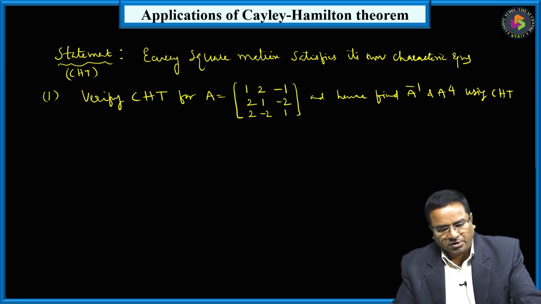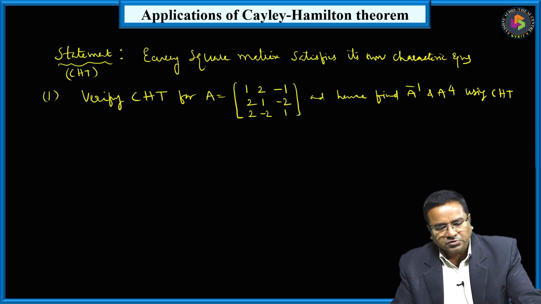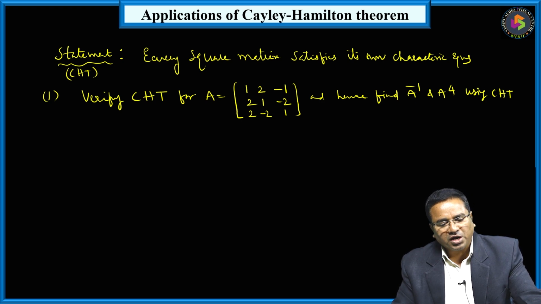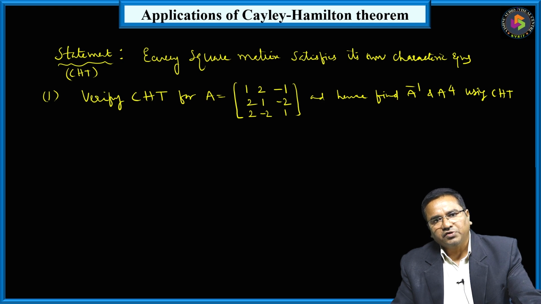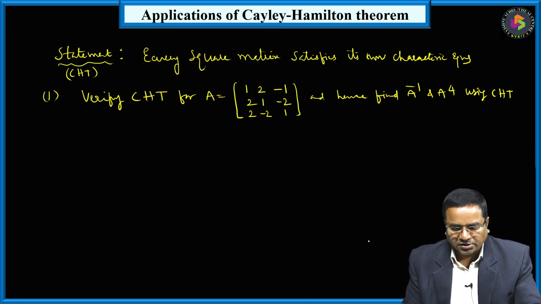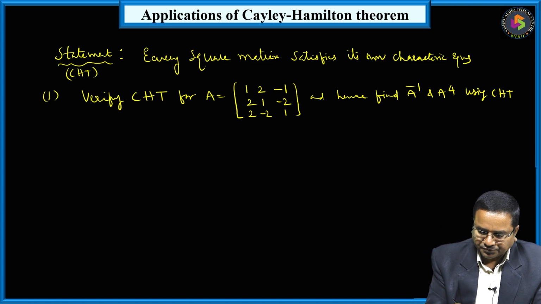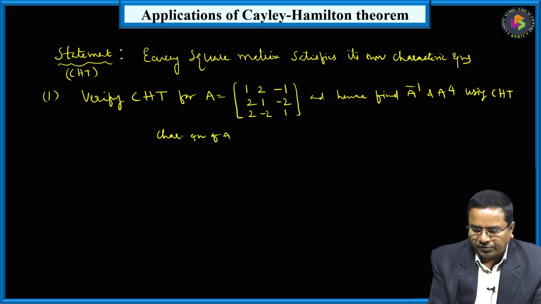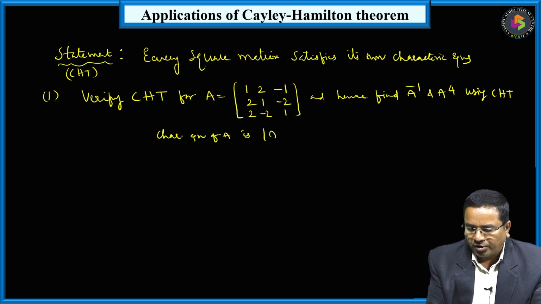Before proceeding to the problem, we require the characteristic equation of the matrix. The statement of the theorem is that every square matrix satisfies its own characteristic equation, so first we have to find the characteristic equation of the given matrix. The characteristic equation of A is determinant of A minus lambda I equal to 0.